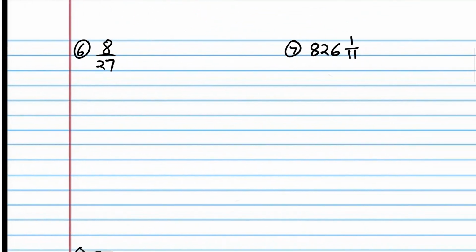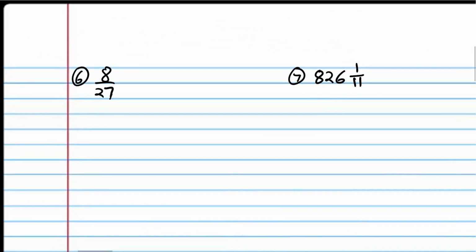So now we're going to a problem where we have a 2-digit number in the denominator. So we're going to use the long division algorithm. 27 goes in, I believe, 2 times. 2 times 7 is 14. I'm going to use the fast method to multiply.